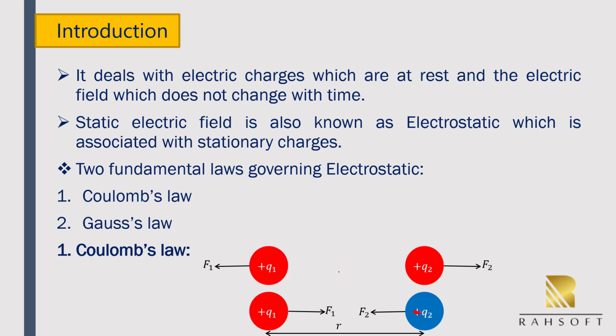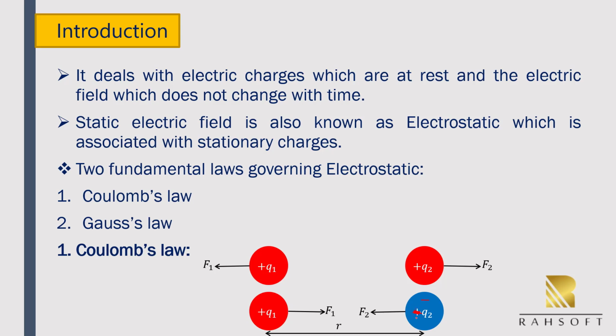And here we have the same charge, this is also a positive charge and this is also a positive charge, so they will repel each other. These two charges are opposite, plus and minus, so they will attract each other. So this electric force acts between the charges, attractive in case of unlike charges while repulsive in case of like charges.